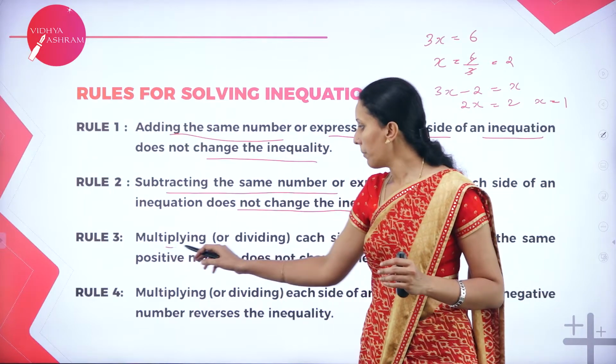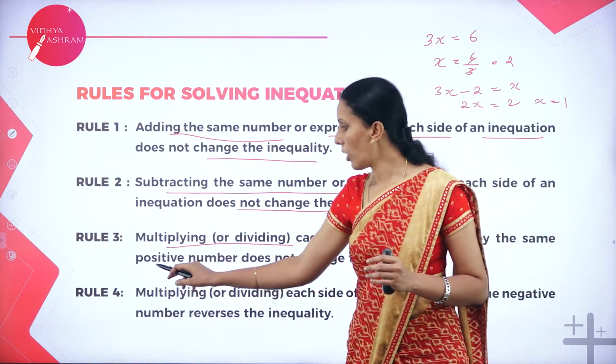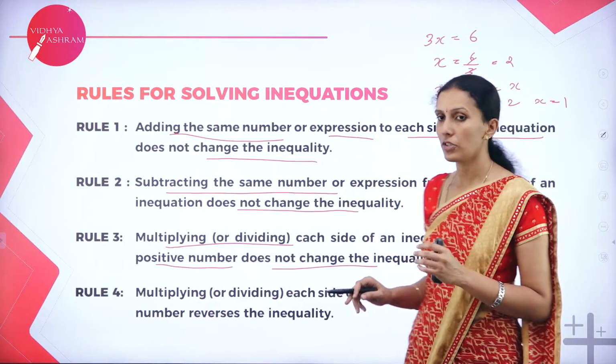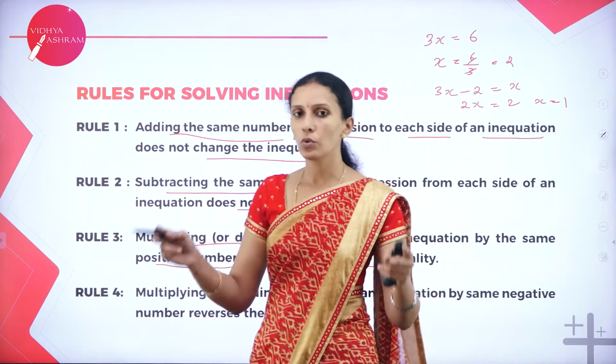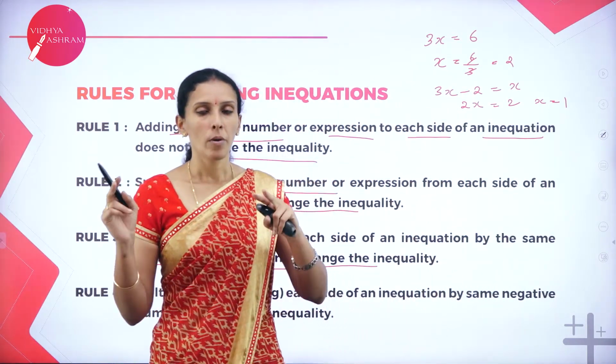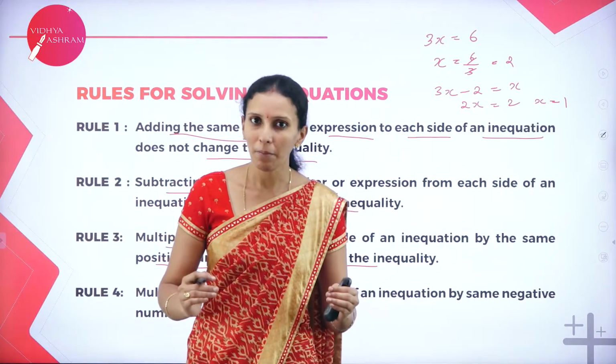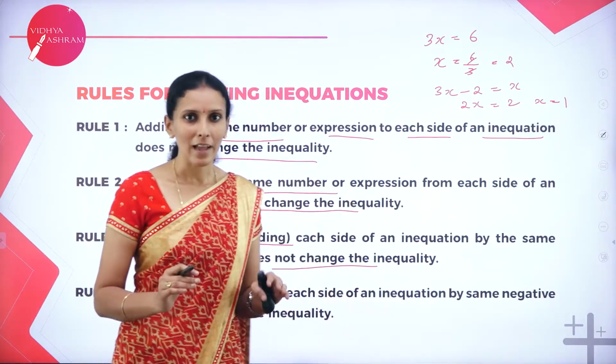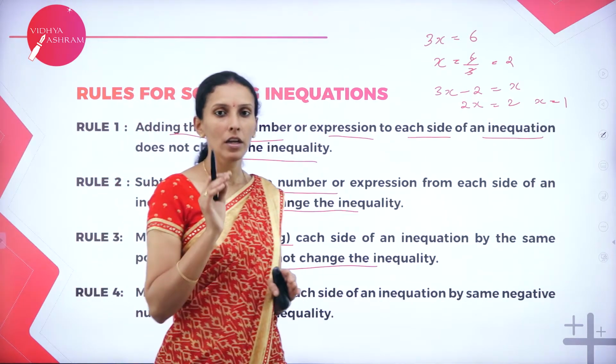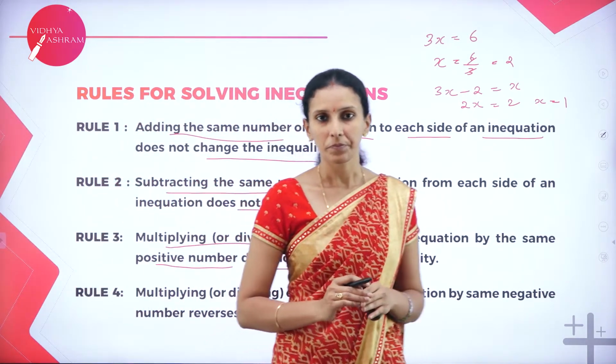Next, multiplying or dividing by a positive number does not change the inequality. So you have two sides of an inequation, and you have to multiply by the same number or divide by the same positive number at a time. That will not change the inequality.